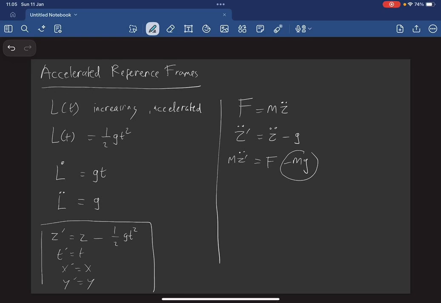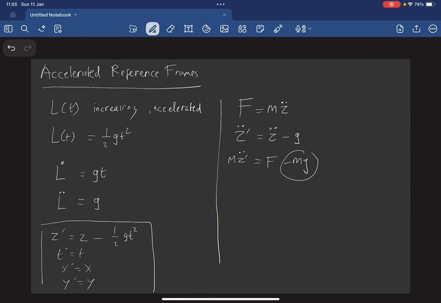Let me spell out in what sense it looks like gravity. The special feature of gravity is that gravitational forces are proportional to mass, the same mass that appears in Newton's equation of motion.